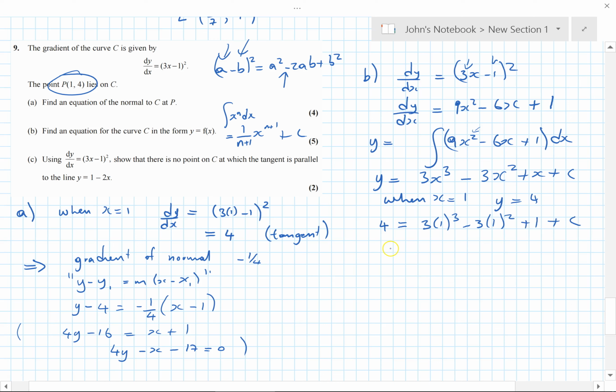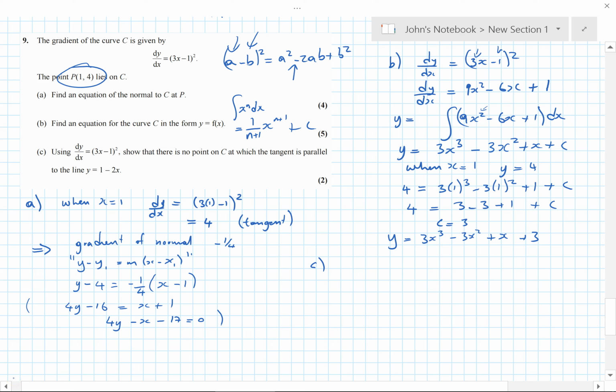So that gives us 4 is equal to 3 minus 3 plus 1 plus c. So that gives us c equals 3. So y equals 3x cubed minus 3x squared plus x plus 3.